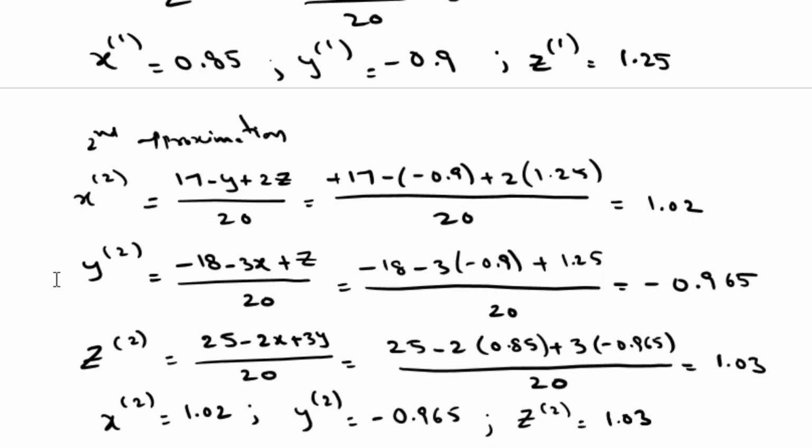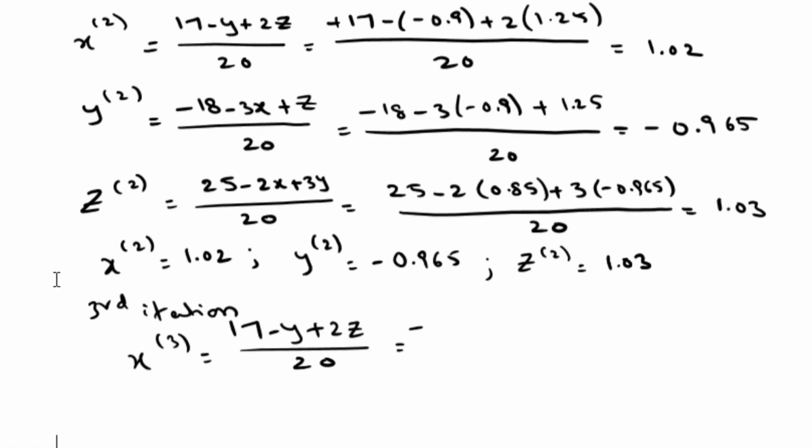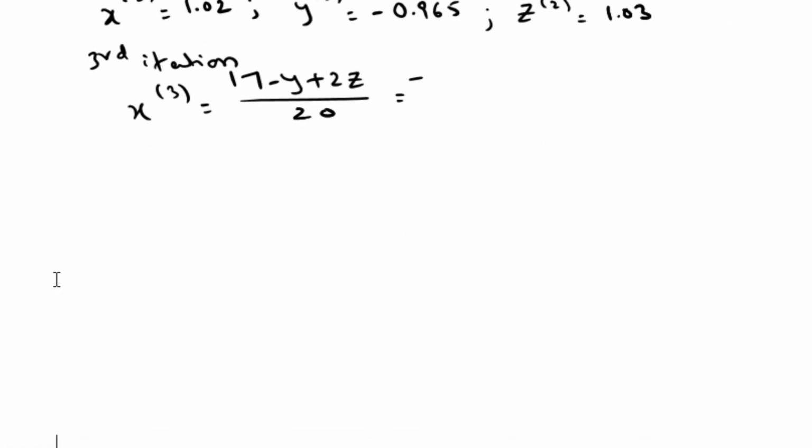Now by writing the terms x, y, and z in the second iteration, we can use these three values to find out the values in the third iteration. x in the third iteration is 17 minus y is of minus 0.965 plus 2 into 1.03 divided by 20.